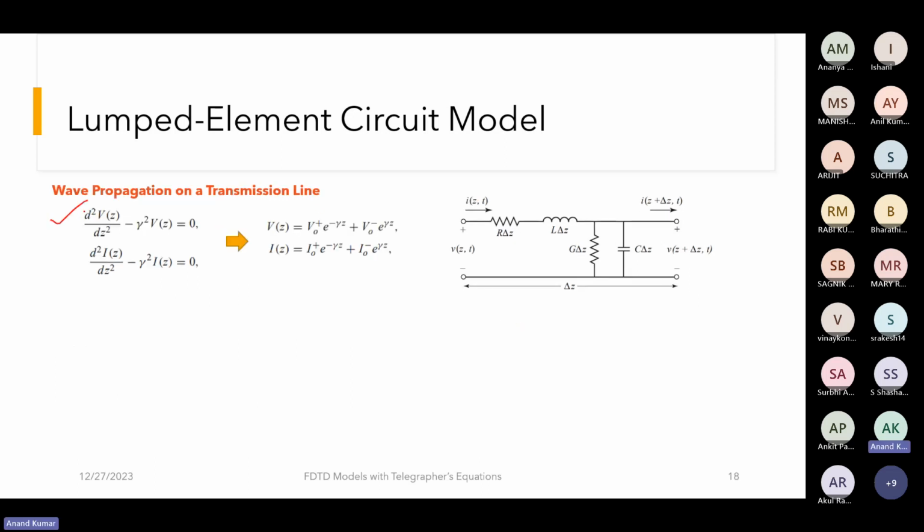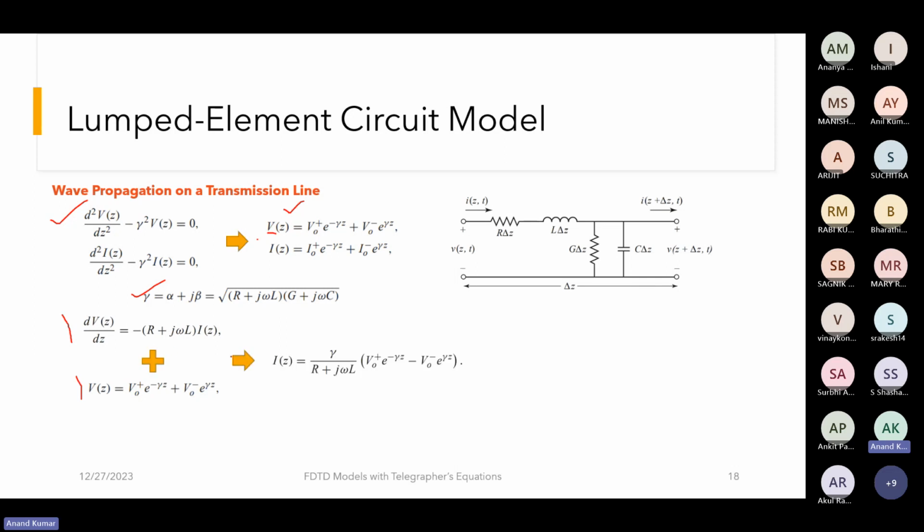So we got the equations for the wave propagation, its solution, and the expression for the complex wave propagation constant. Now, using this equation from the Telegrapher's equation and the solution of the wave, we just substitute it over here, and then you can also write the current in terms of the forward and backward traveling voltage terms.